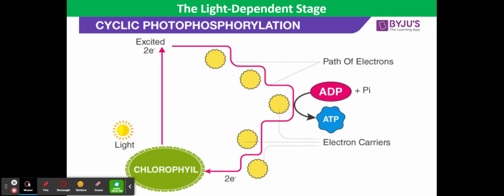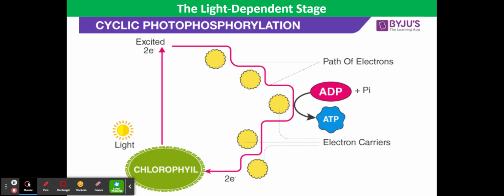Now to look at cyclic photophosphorylation. This uses only photosystem 1. As light strikes photosystem 1, a pair of electrons in the chlorophyll molecule at the reaction center gain energy and become excited.